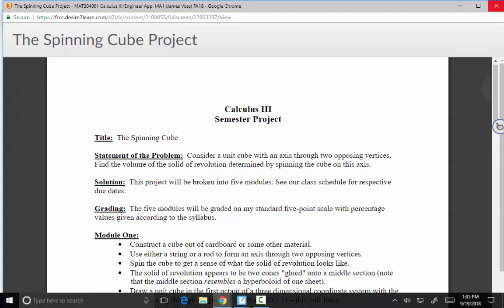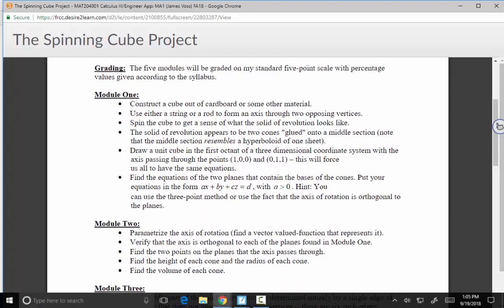This is not my updated version of this, so you do not have to create it. I just showed you what it looks like. It's helpful when you're working on it if you create a little one, have a string, and spin it just to see how it works and to see what points are in each of those 2 planes. But you don't have to build it, and you don't have to bring one to class.